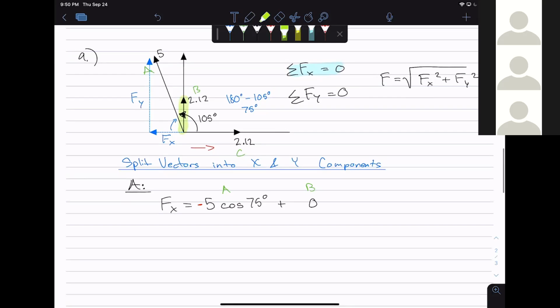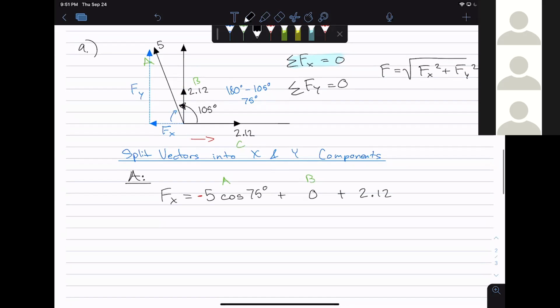And then for C, we have 2.12. Sum all those forces up, we get, let me see. Someone else do it too, just so I'm not tripping. I got 0.826, something like that.